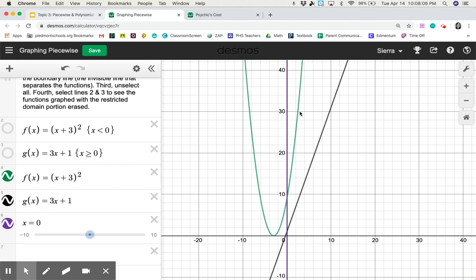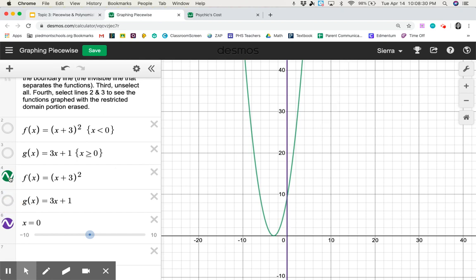That means the right side of the y-axis is going to disappear. And for that linear equation, it wants everything greater than or equal to 0. So it's going to cross at that point, and it'll keep everything on the right side of the y-axis, all of those positive x values. Everything on the left of the y-axis for this linear equation will disappear.